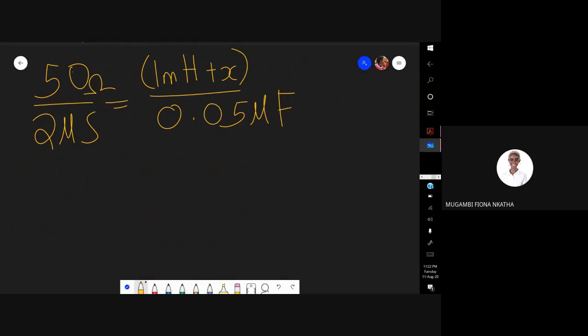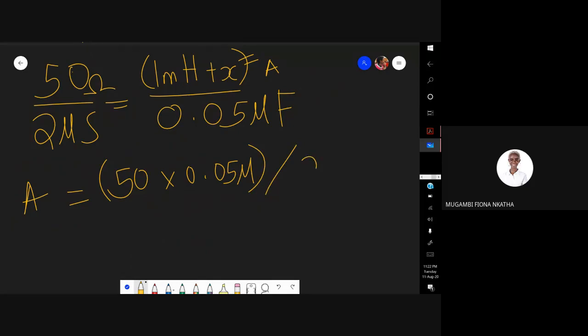So we say this 1 millihenry plus X is equal to A. A is equal to 50 times 0.05 micro, all divided by 2 microsiemens.